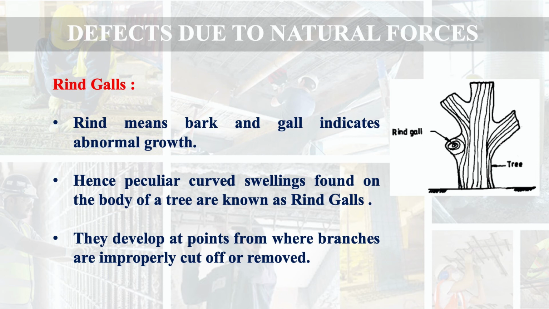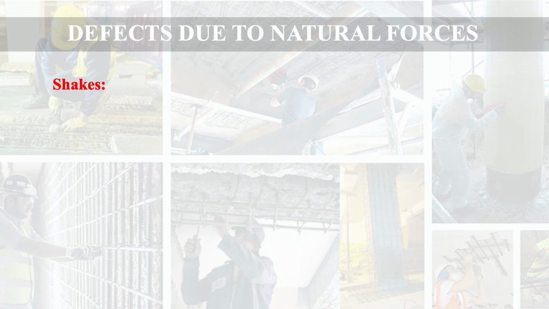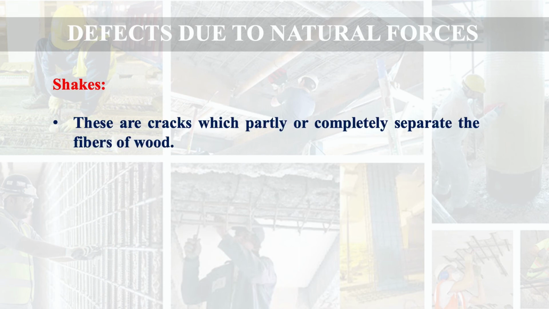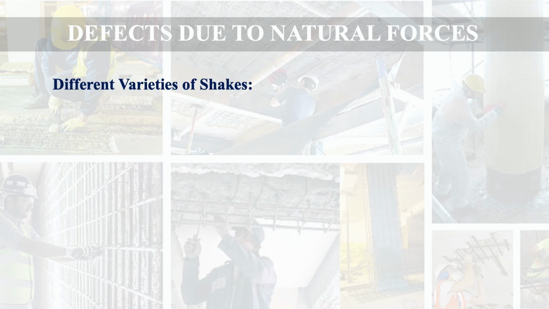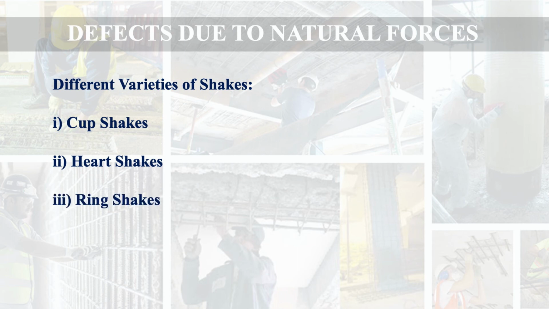Now let us talk about another defect, that is shakes. These are cracks which partly or completely separate the fibers of wood. There are different varieties of shakes. What are these? First one, cup shakes. Second, heart shakes. Then third is ring shakes. Then fourth is star shakes. And fifth is radial shakes.